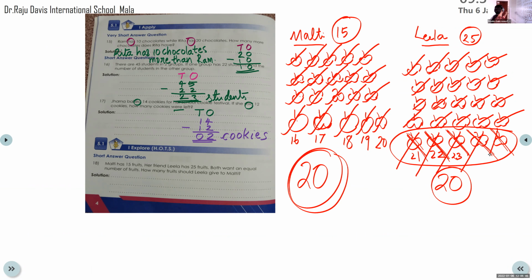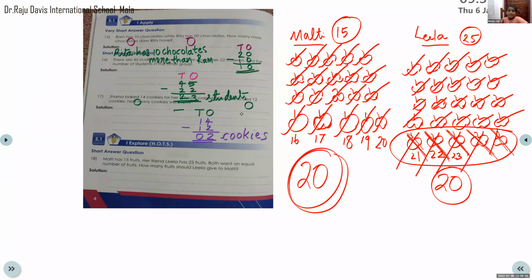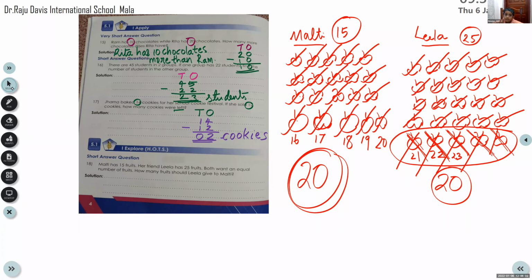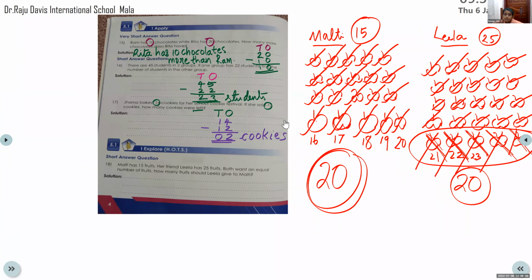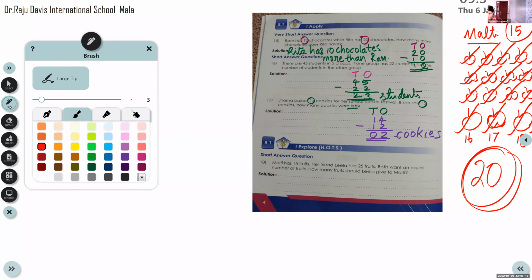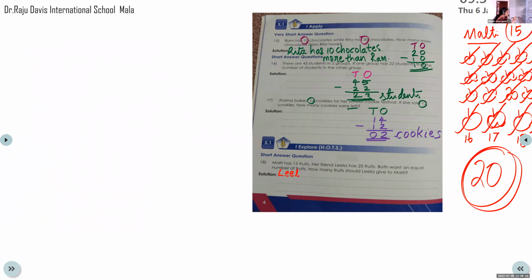Now let's write the answer. So we can say Leela should give how many fruits?